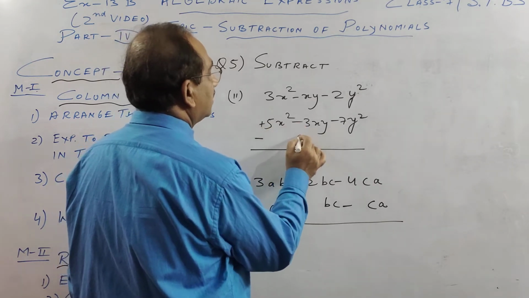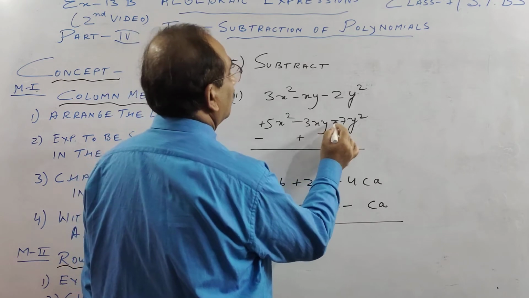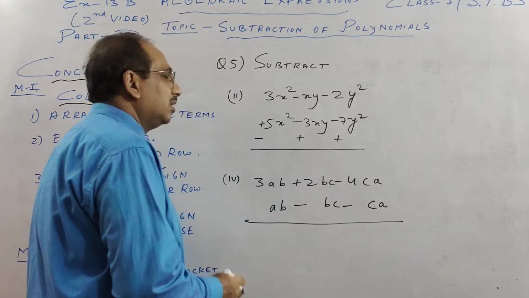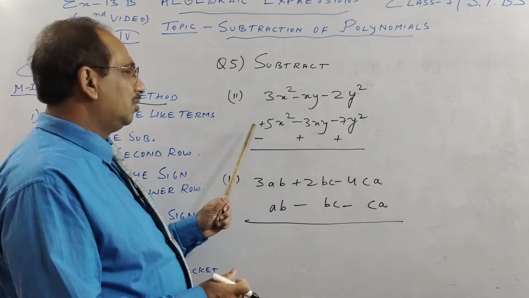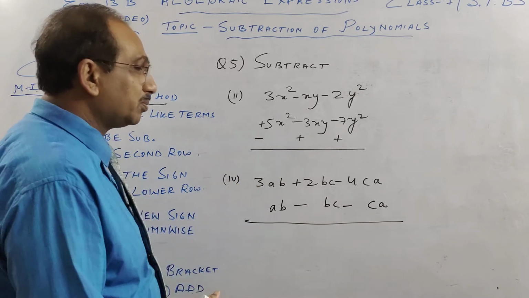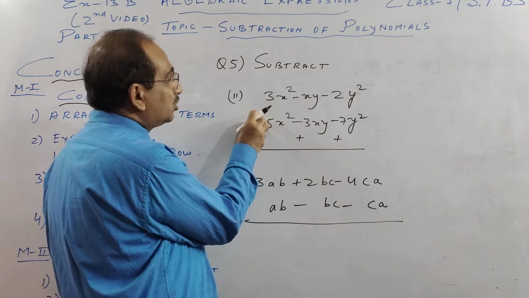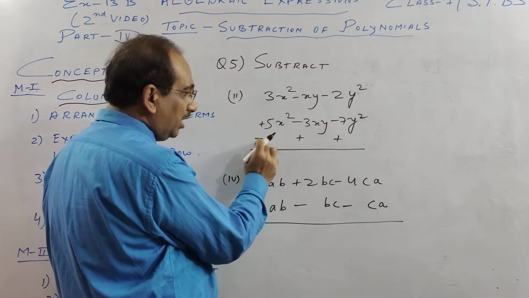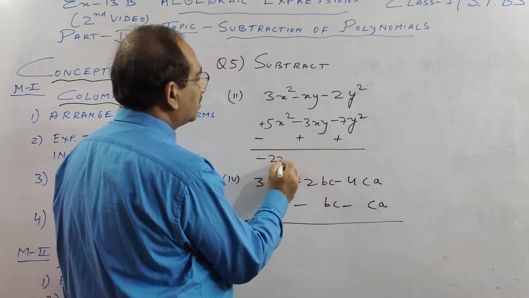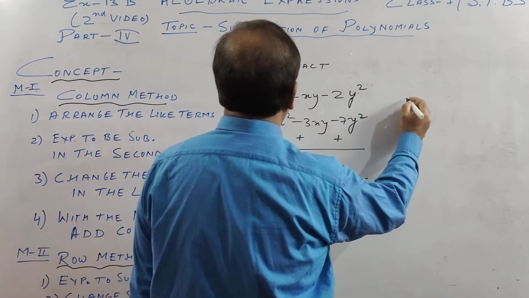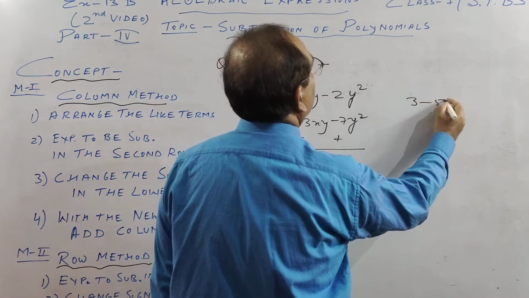Minus is there, you put plus sign. Minus is there, you put plus sign. So plus becomes minus and minus becomes plus. Now forget the original sign, forget this plus. So 3 minus 5, let it be minus 5. So you will get minus 2x square.